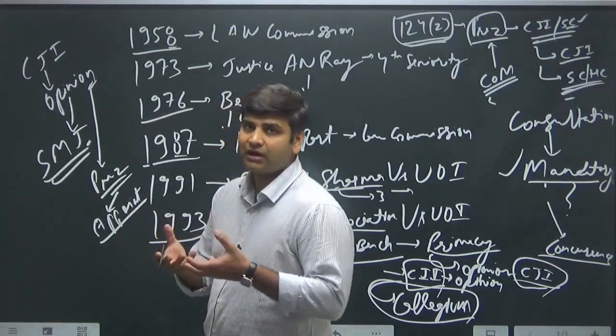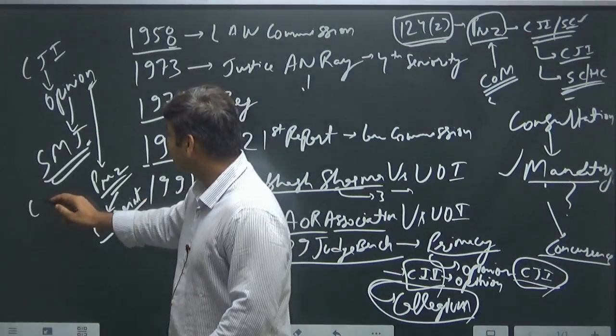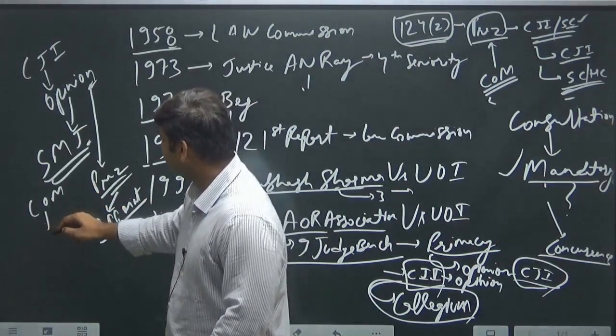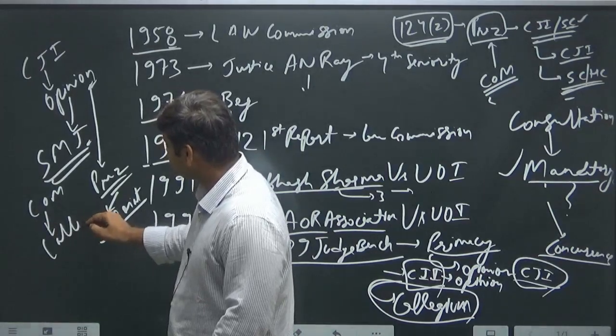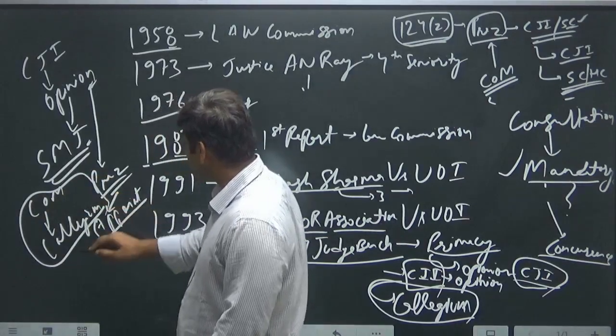So the power to appoint the judges has been shifted from the Council of Ministers into the hand of the Collegium. This was a major shift in the Constitution of India.